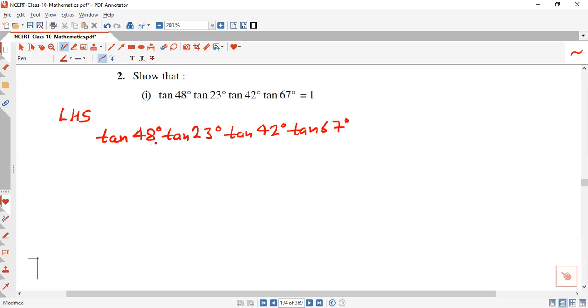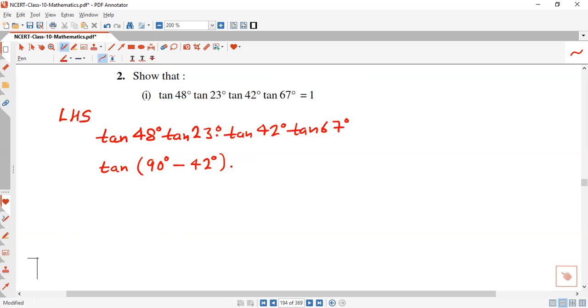First one, tan 48 degree can be written as tan of 90 degree minus 42 degree.